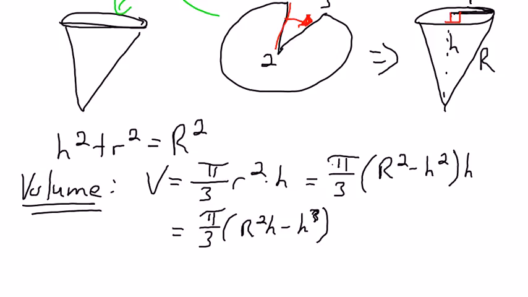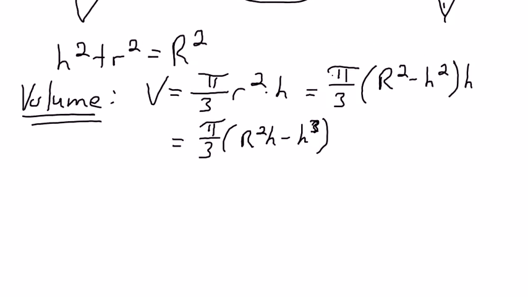Cubed. And now what we want to do is find the critical point. So we're going to take the derivative of that volume and set that equal to 0. We're going to have this as a function of h.